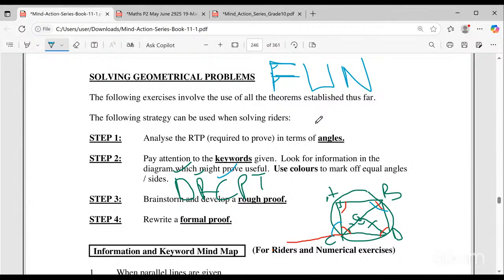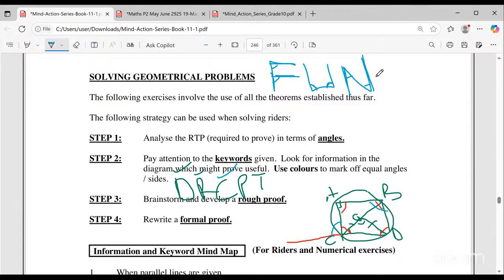Then you state your parallel lines. With cointerior angles, note that they are not equal, but they are supplementary. Meaning if you take this angle plus that angle, you get 180 degrees. Reason being cointerior angles, then you state your parallel lines. Then if this one is parallel to this one, this angle is going to be equal to that angle, reason being alternate angles, then you state your parallel lines.